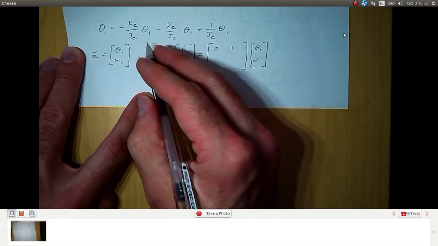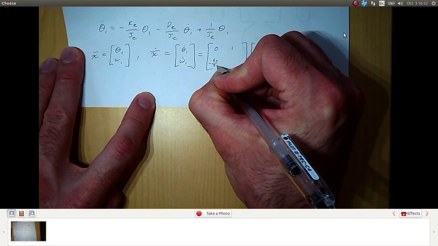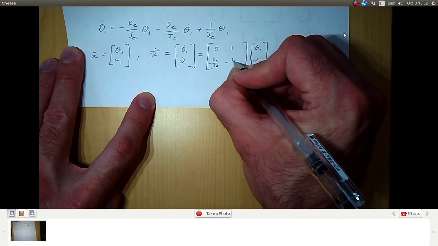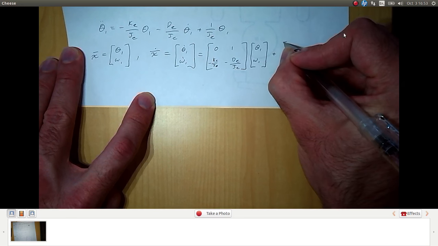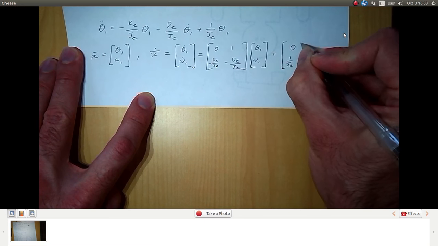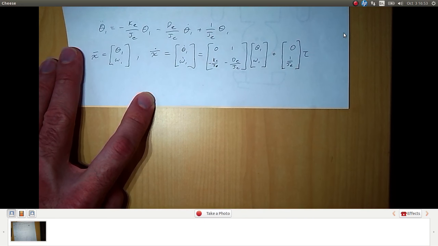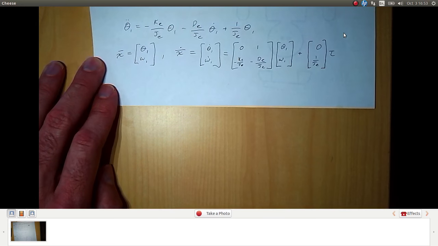And omega 1 dot, we have this equation for it. So negative ke over je, negative de over je, and then we have some input in that equation, 1 over je, that's multiplied by tau.